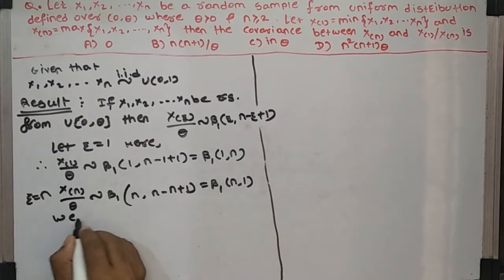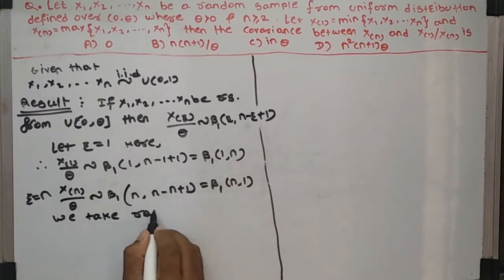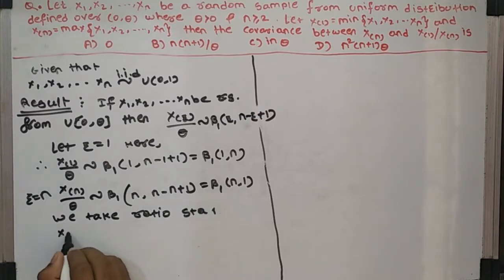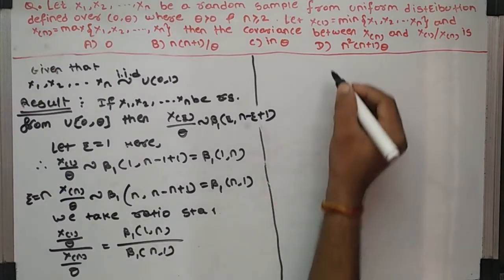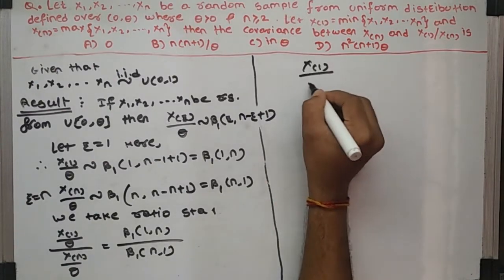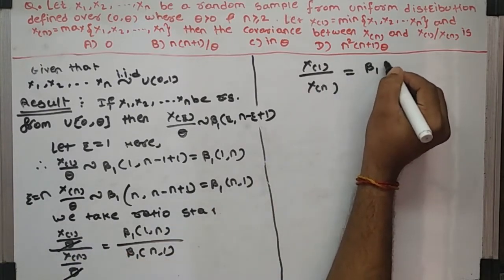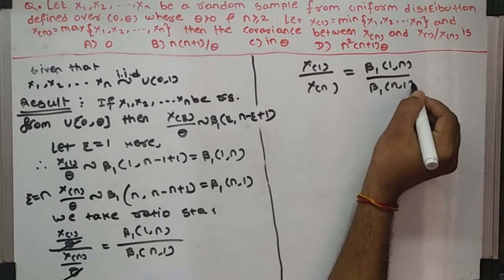We take the ratio of these two order statistics. X(1) upon θ divided by X(n) upon θ is distributed as beta (1, n) upon beta (n, 1). That is, X(1) upon X(n) is the ratio of a beta distribution of the first kind with parameters 1, n and a beta distribution of the first kind with parameters n, 1.